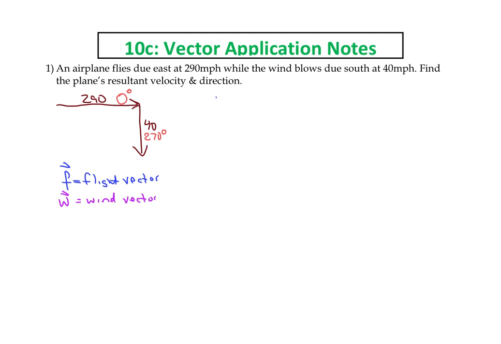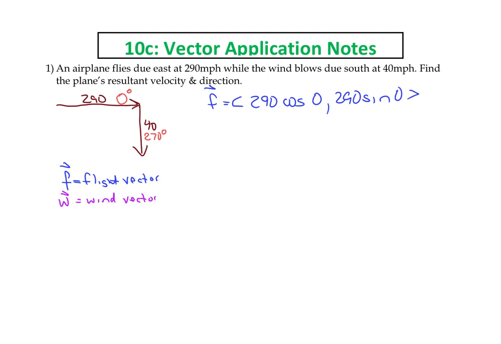So to find the flight vector components, the magnitude, oops, not 90, the magnitude, and then cosine for x, and then 0 degrees, and then the magnitude, sine for y, and the degrees.